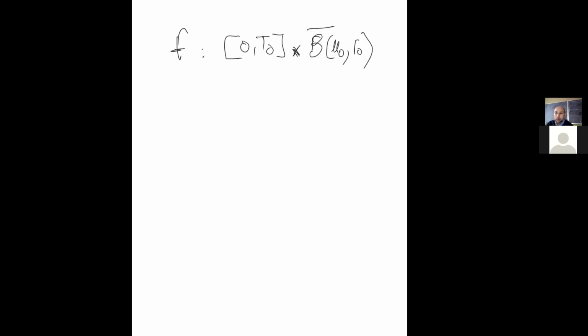And you have to prove that if it's well defined on an interval 0t, then the solution u of t remains in this ball. That's what we want to prove. So for the exact solution first.